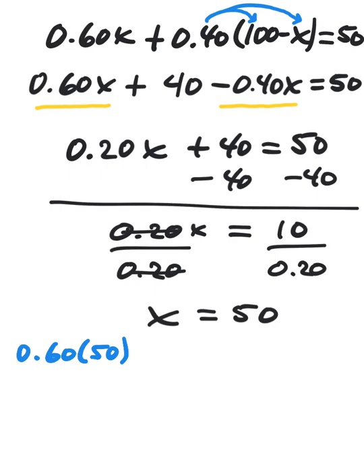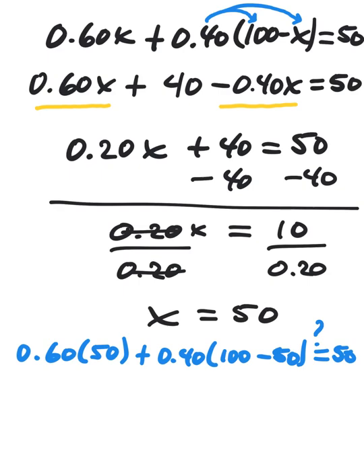And this is just an optional check. I'm going to put a question mark because, again, we're checking. We're pretty sure that 50 is the right answer, but you never know.